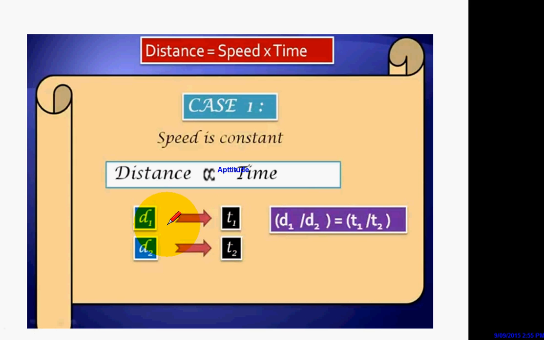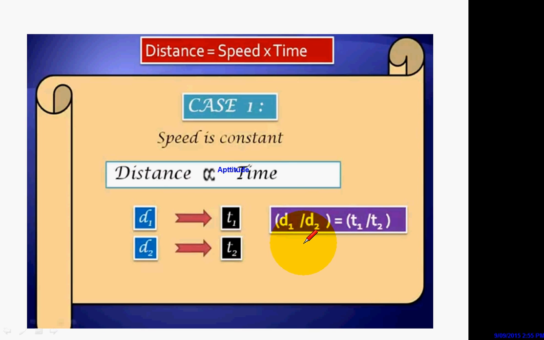See, the ratio of distance is equal to the ratio of time taken. If the speed is constant, we can always assume that the ratio of the distances traveled by them is equal to the ratio of time taken by them. So here d1 by d2 is equal to t1 by t2. See, this is the ratio comparison.